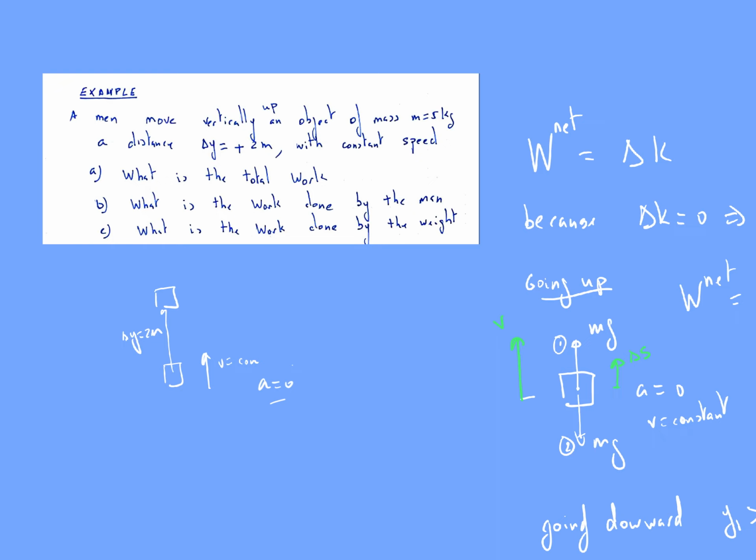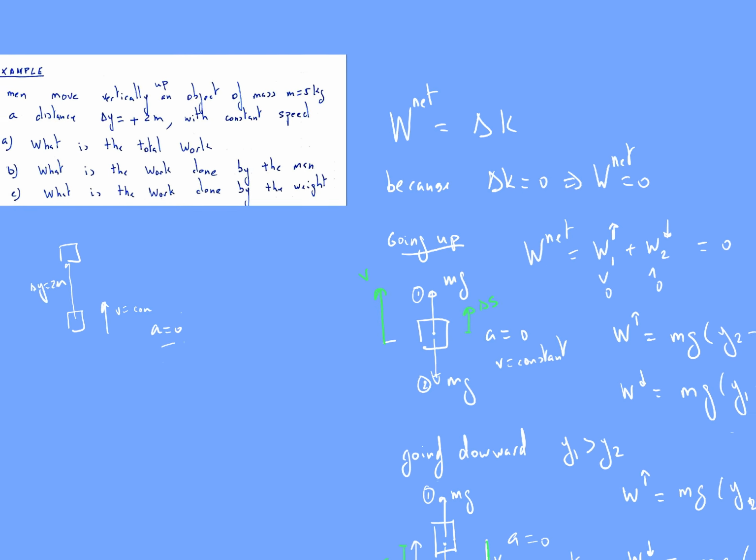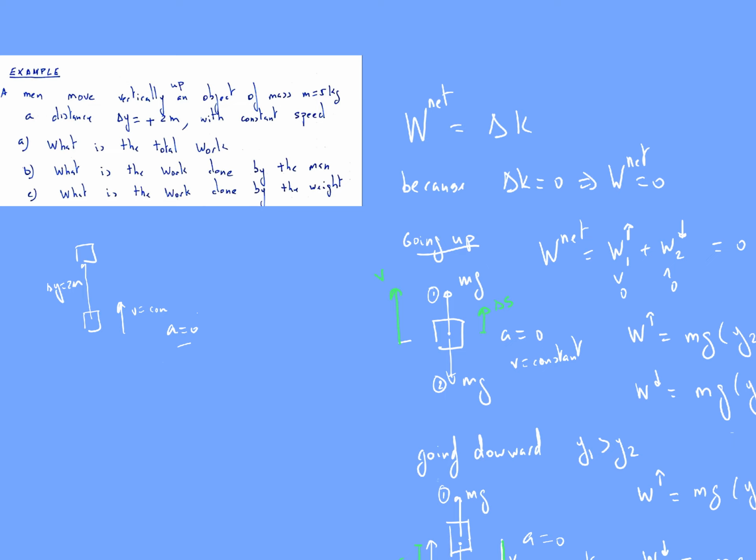Because the magnitude of the velocity doesn't change, the change in the kinetic energy is zero, so the work should be zero. Going downwards, there is the weight. Going upward there has to be another force that should be equal to the weight. The magnitude of this force is the same as the magnitude of the force in this direction, to produce zero acceleration, because the sum of all the forces will be zero, so the acceleration will be zero, and the velocity will be constant.